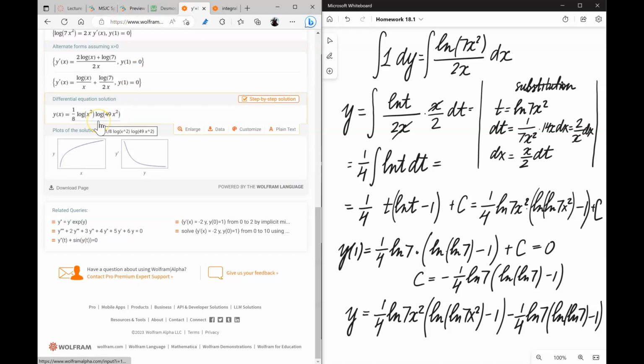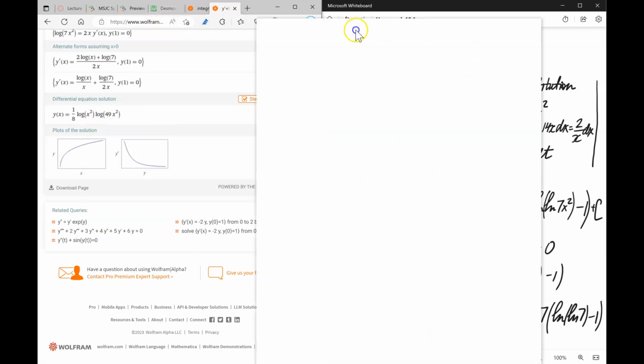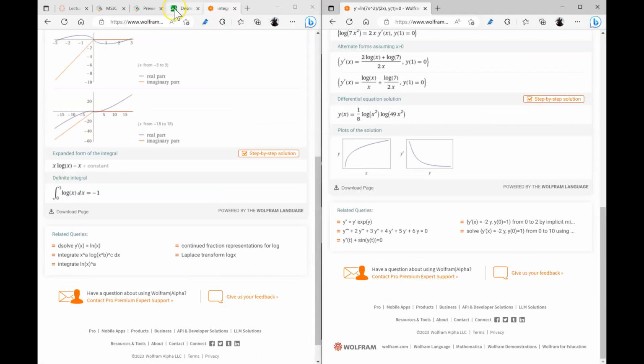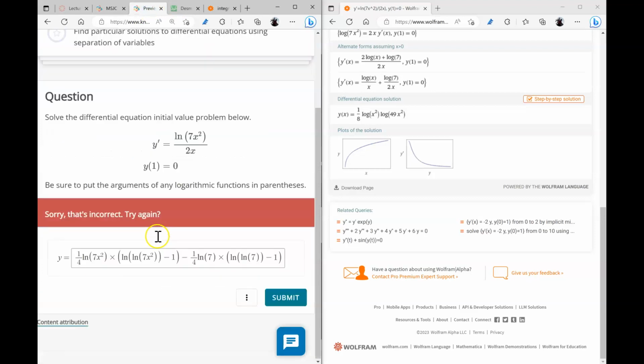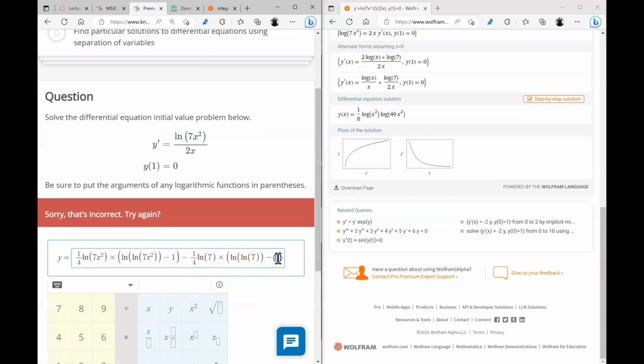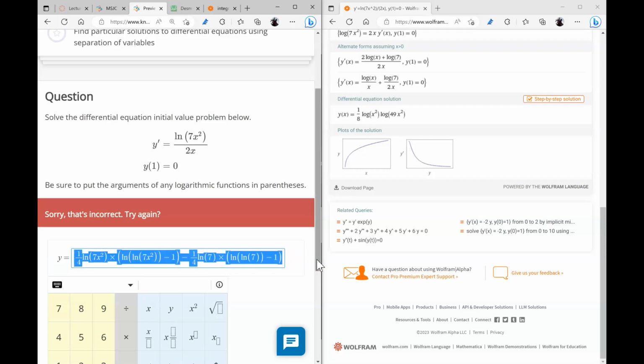Should I just copy this answer? And then I'll figure it out. Maybe I'm typing it wrong. Let's just type the actual answer. Oh boy.